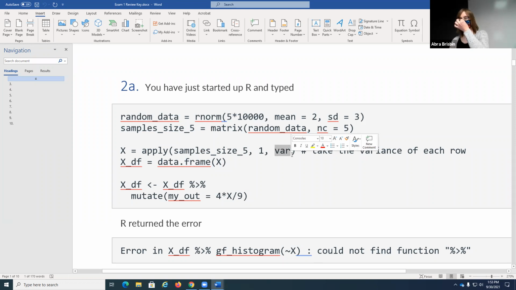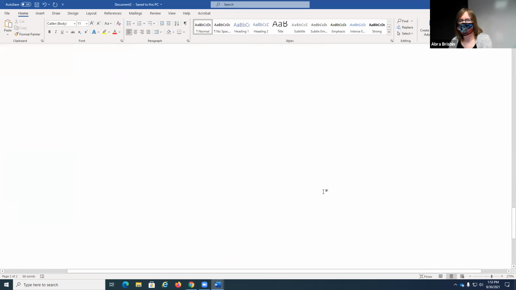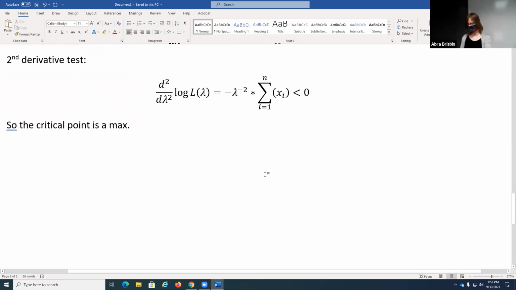So that's giving us S squared, the sample variance. And then the my out value is 4 times S squared divided by 9. And so let's think about which of our distributions based on the normal distribution we know that use S squared.